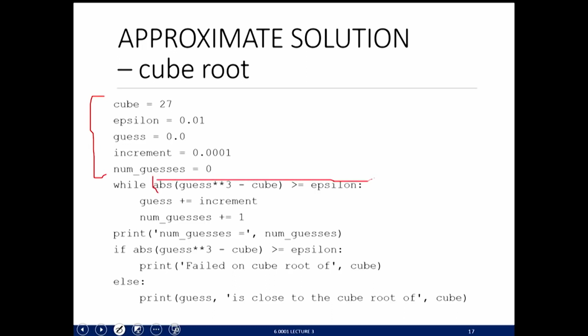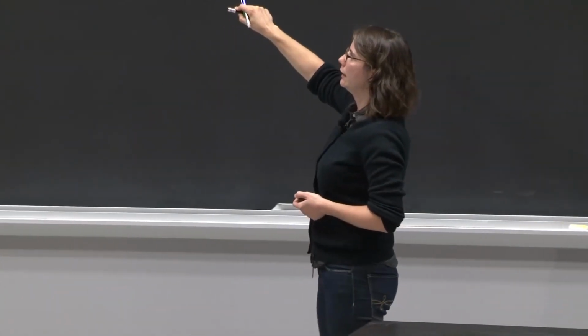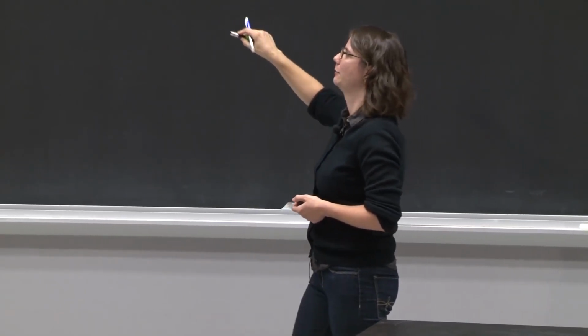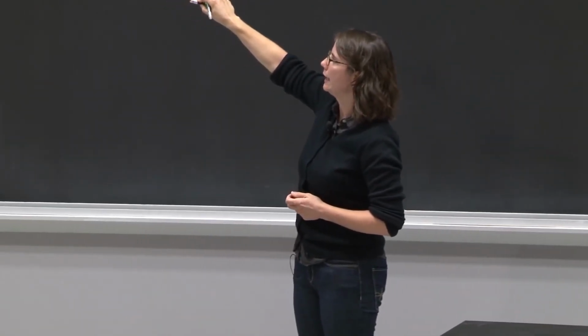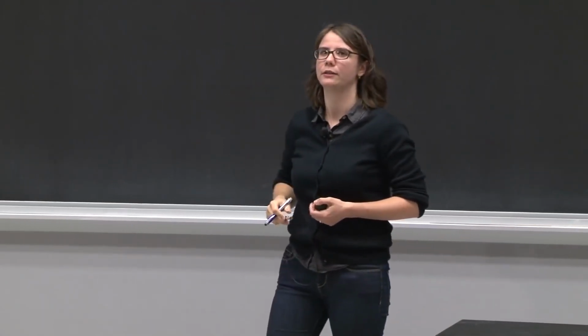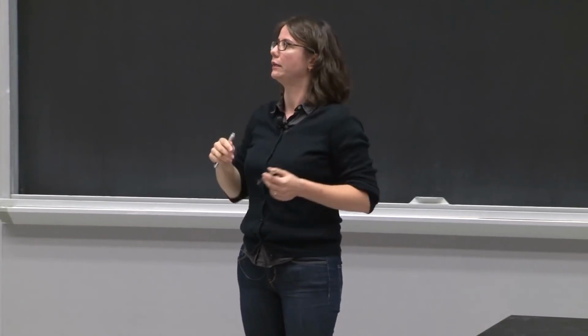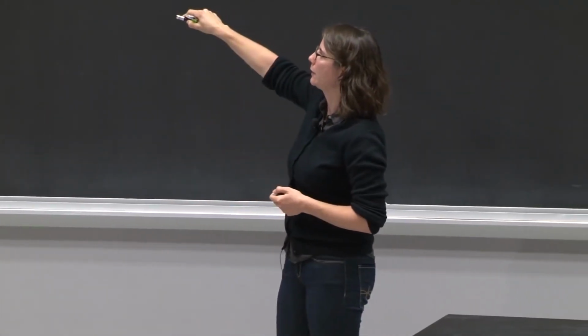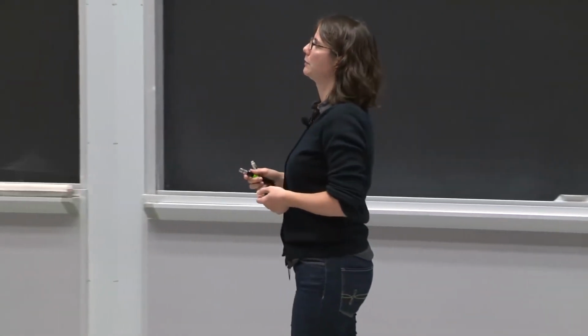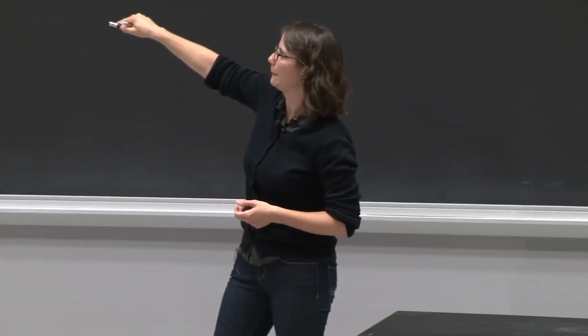This part is similar to the guess and check from before. We're going to take the guess to the power of 3 minus the cube, so that's how far away we are from the actual answer. If that's not good enough, so if we're still greater than or equal to the epsilon, then keep guessing.